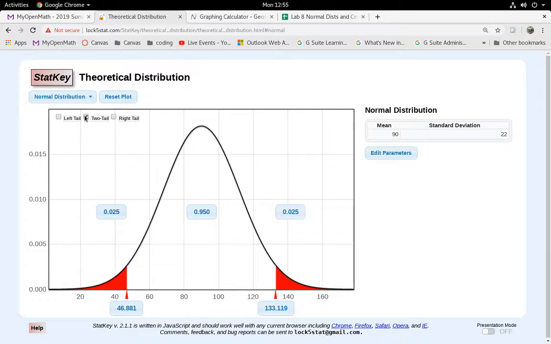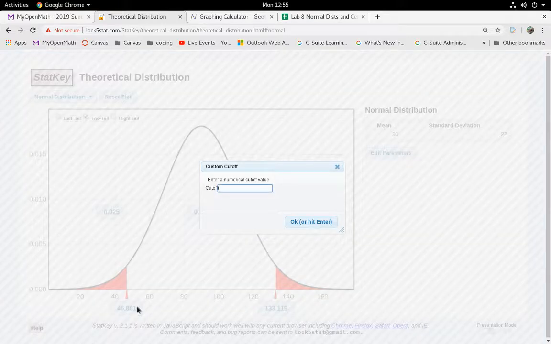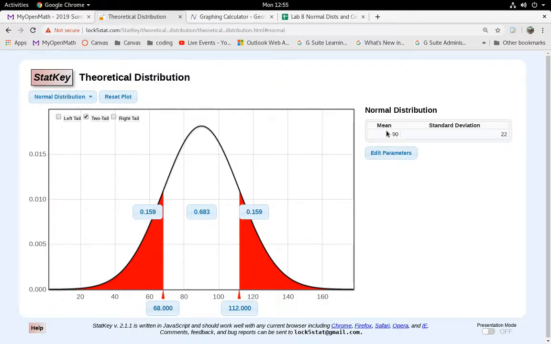One thing that's true of all normal distributions is that if you were to look one standard deviation on each side, so 90 minus 22, that would give me 68 as the left number. That would be one standard deviation below, and 90 plus 22 would be 122. We're always going to get about 68% of the data, the population in this case, that lives within one standard deviation of the mean.